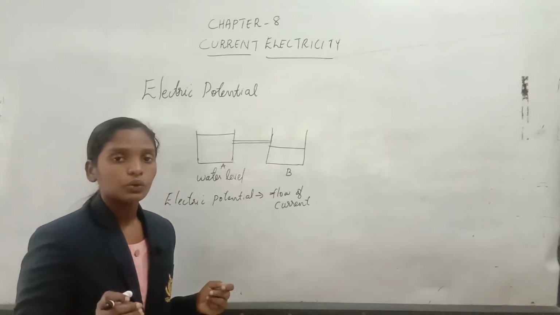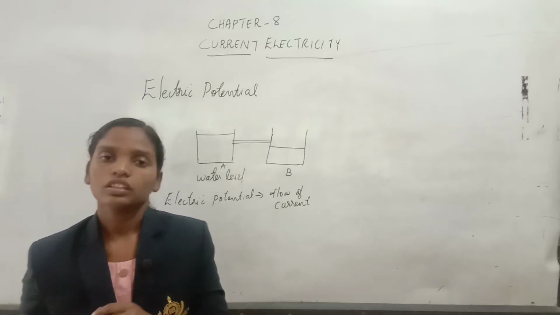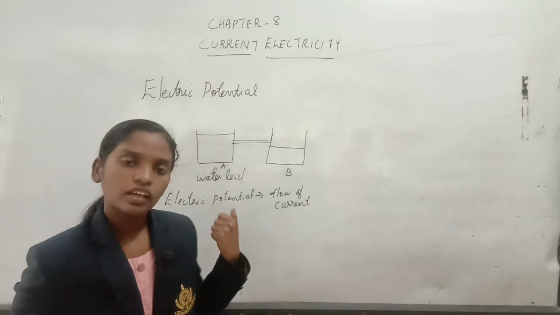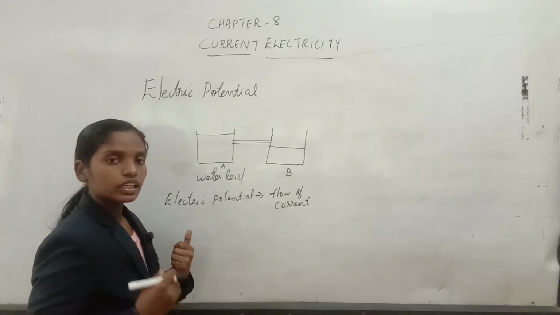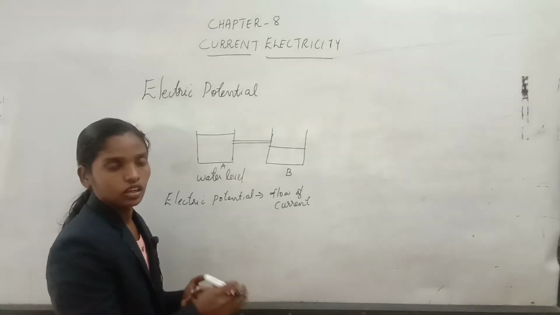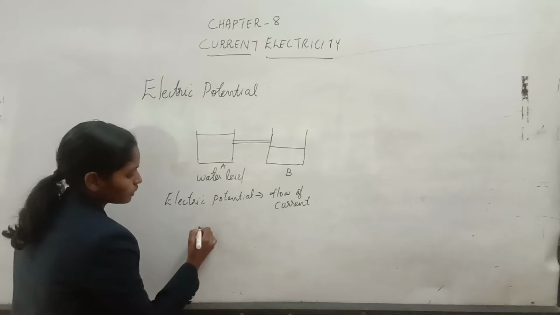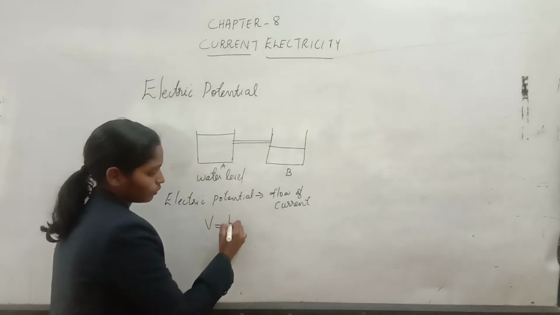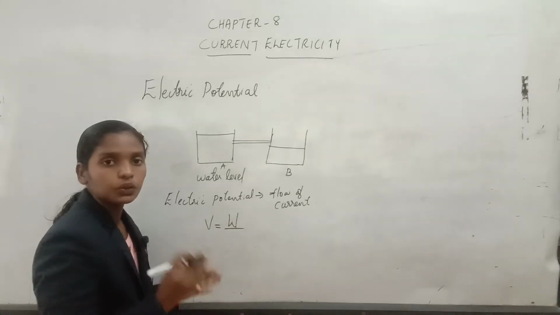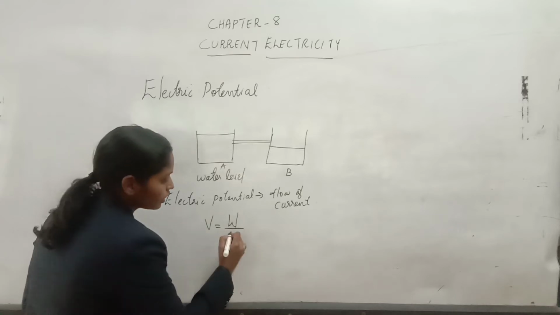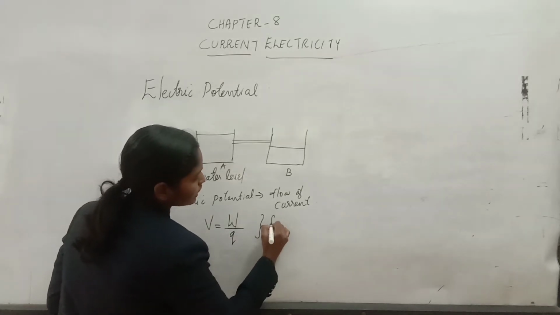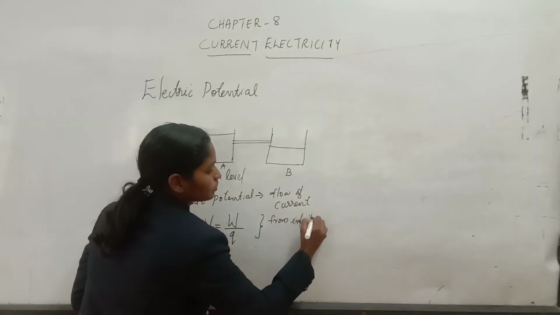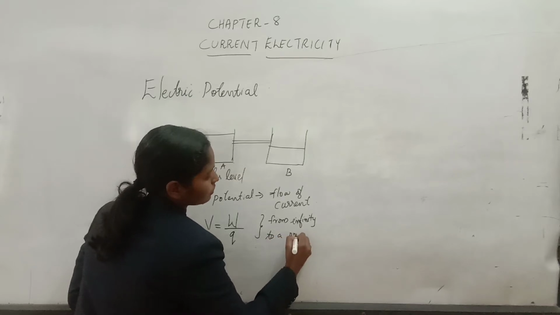So now we know that charge is responsible for the current, and that charge moves from one point to another. Electric potential, which we represent by the letter V, is equal to the work done in bringing a unit positive charge from a far point, that is infinity, to a point.